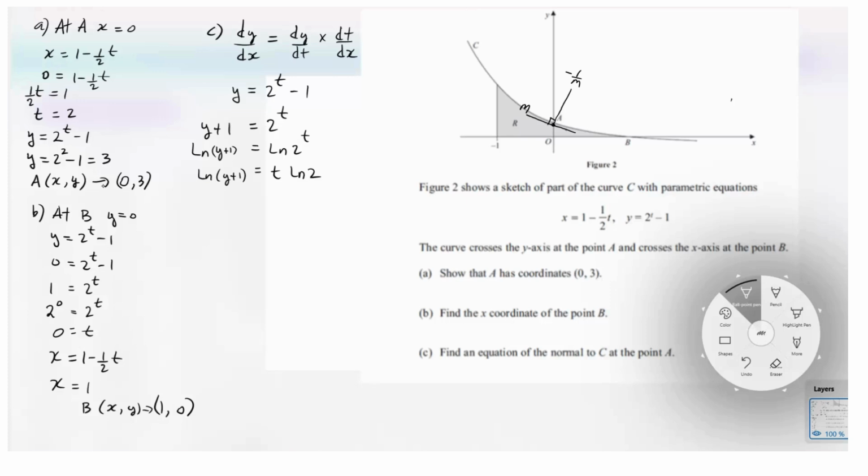Now we can find dy by dt. So dy by dt, 1 over y plus 1, equals the natural log of 2. So dy by dt, we multiply both sides by y plus 1, so we would have y plus 1 times the natural log of 2.